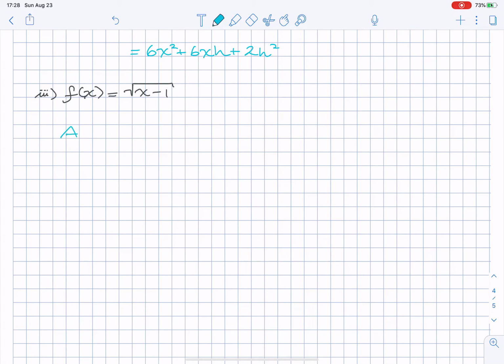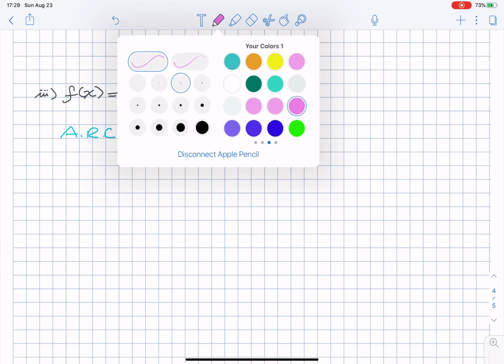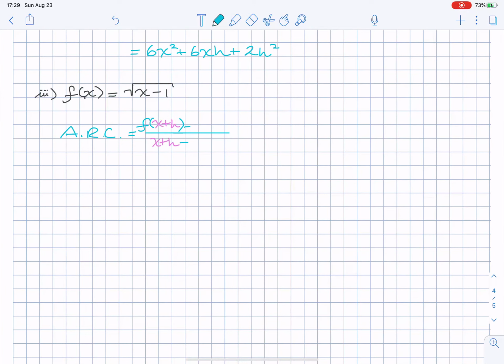So the average rate of change is going to be f of b minus f of a all over b minus a. But for us, the b is x plus h. So f of x plus h minus f of x all over x plus h minus x.